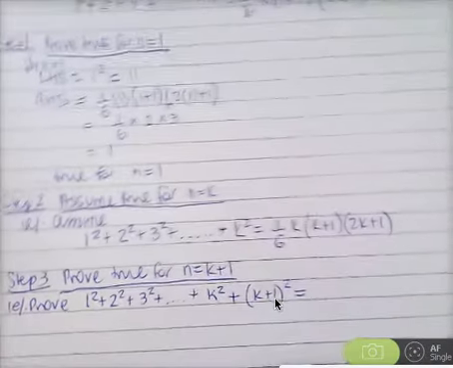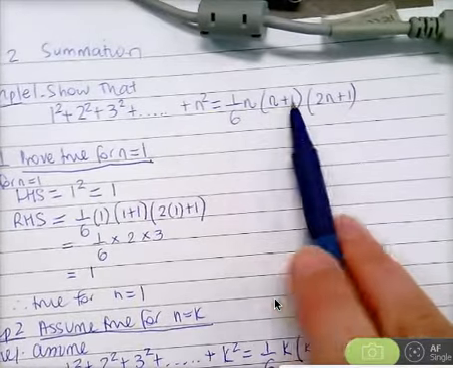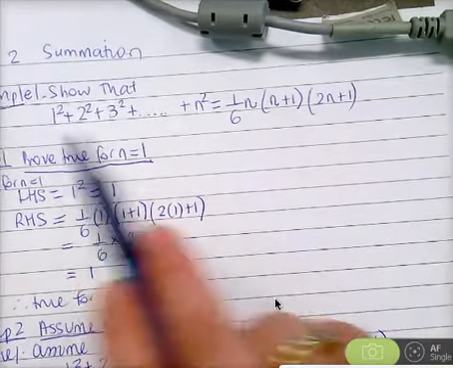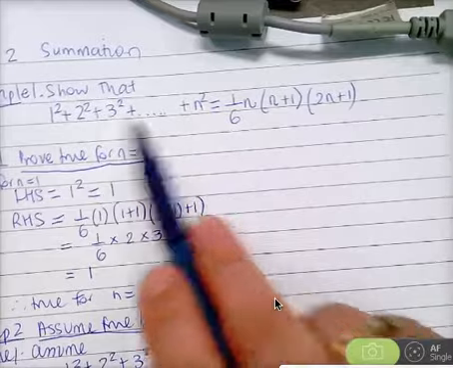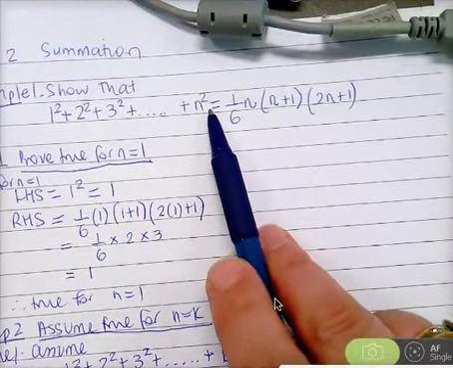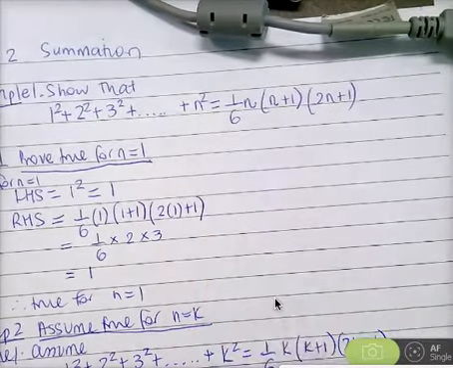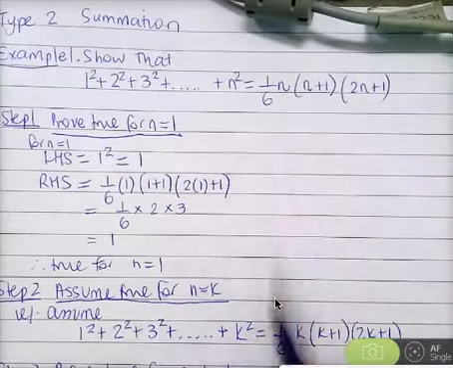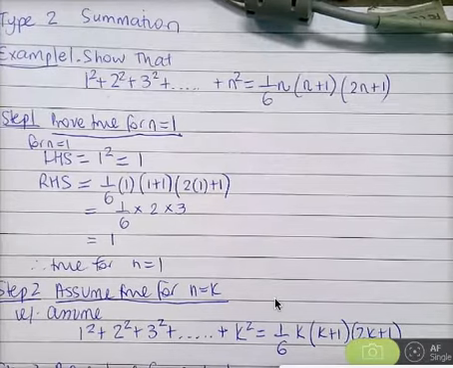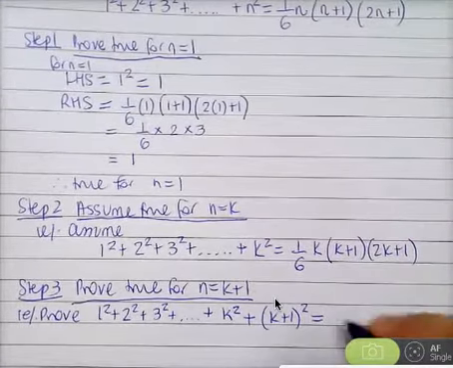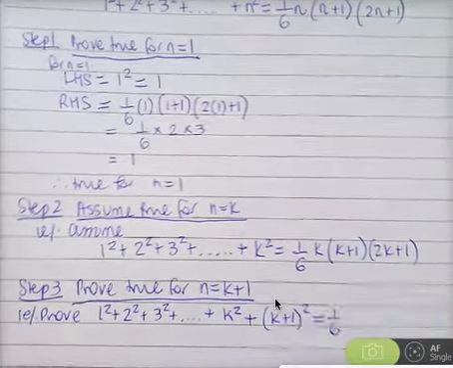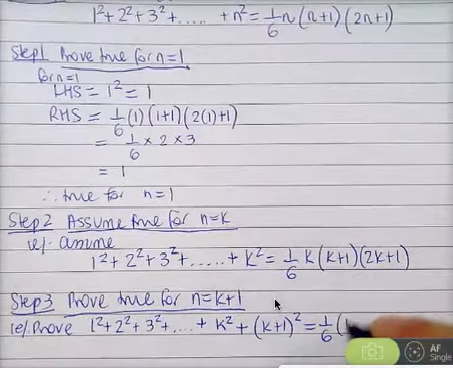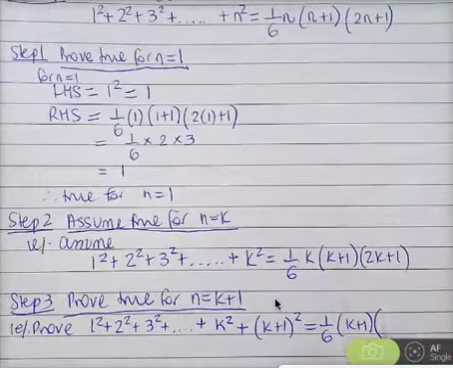Now on the right hand side, girls, I'm replacing just n up here with k plus 1. See, girls, on the left I've got a sum of terms. They're my first k terms or n terms, then I'm adding one more. So on my right hand side, I'm replacing the n with k plus 1. Prove true for n is k plus 1. So I'm trying to prove that that's equal to 1/6. What do I write now? Bracket, yep, k plus 1, close bracket.